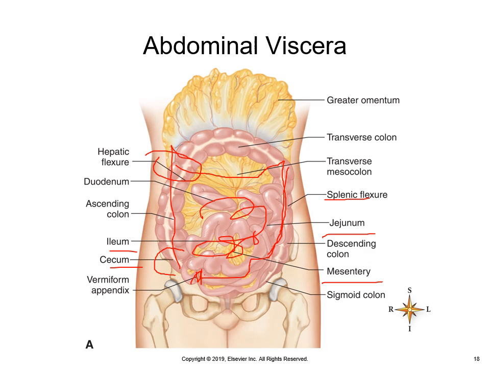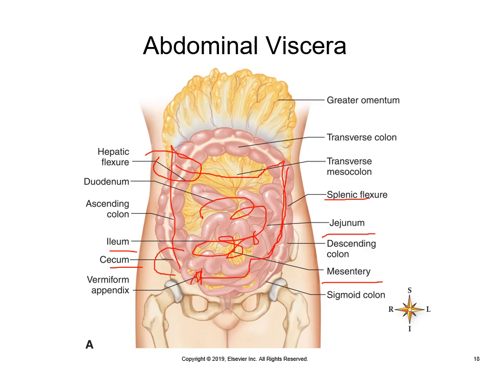Also, within this abdominal viscera, we can have appendicitis, and that's inflammation of the appendix. Typically, if we're having inflammation there, we do want to catch it before it ruptures, so they might perform a surgical removal of the appendix. Appendectomy is what would happen here.